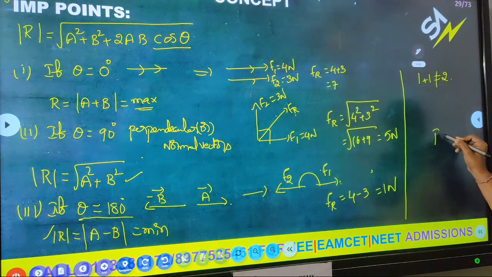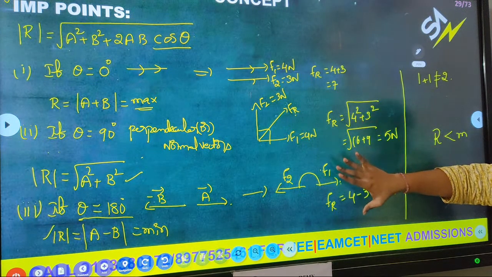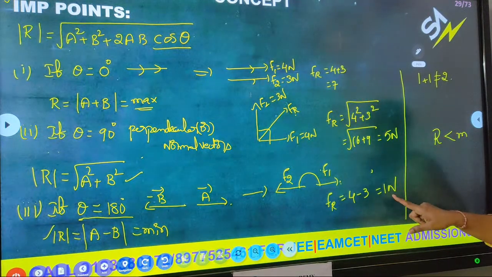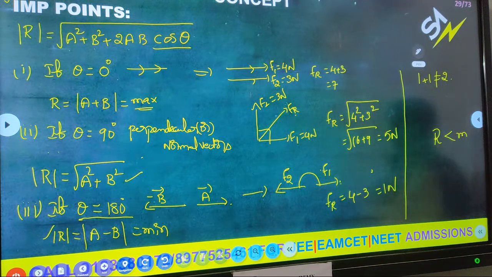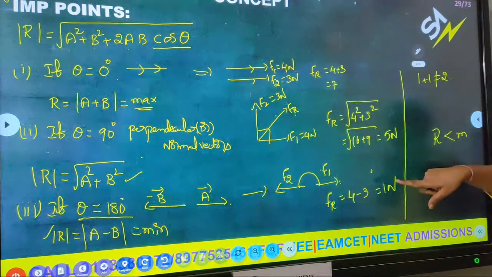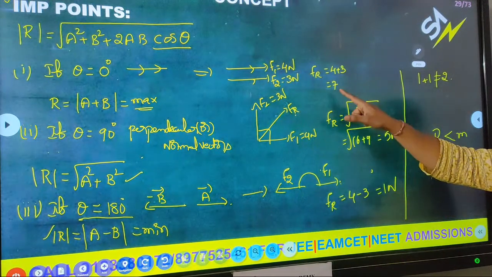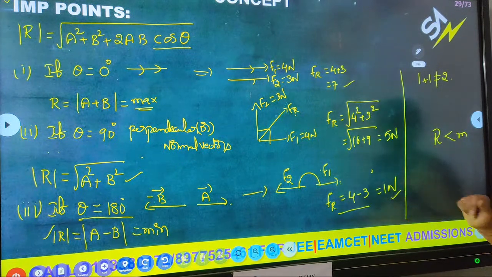So the resultant of any two vectors lies between, with this example we can say it lies between 1 to 7. So it can be 2, 3, 4, 5 till 7. It exists between these two values, or it can be 7 and 1, because maximum is 7, minimum is 1 newton.